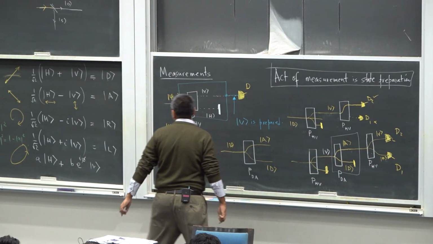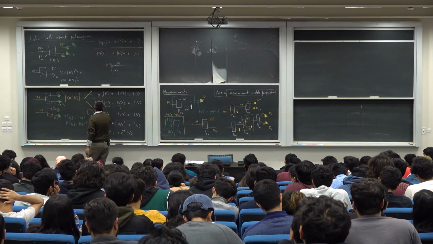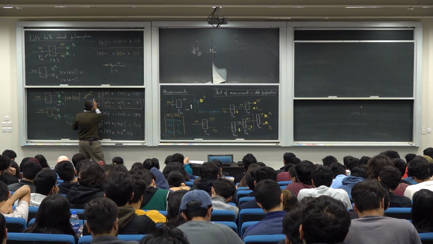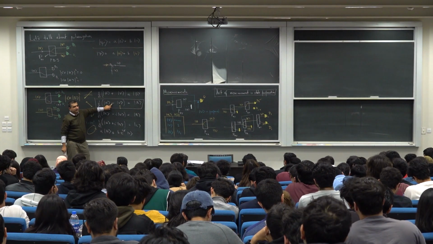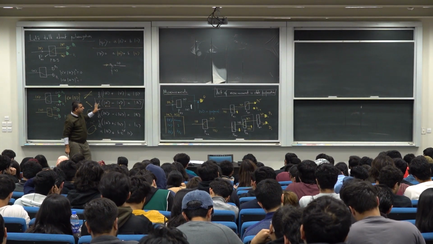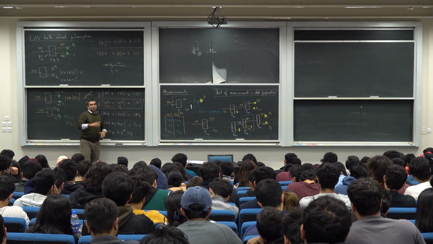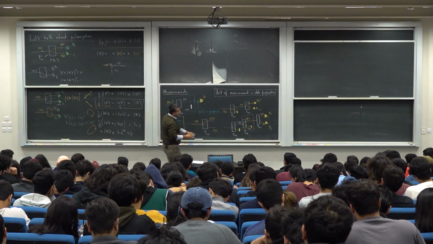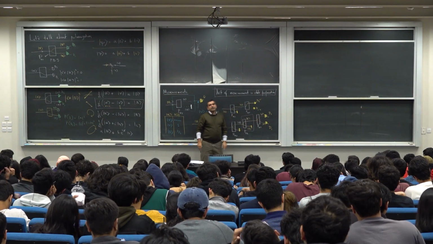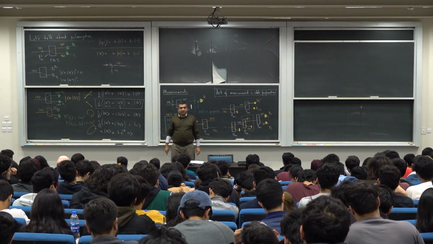Because ket A is really this state over here. The new state that you've created is a superposition of ket H and ket V. Therefore, if you pass this state through a polarizing beam splitter that discerns between H and V, you'll get equal probabilities that each of these detectors are going to click.